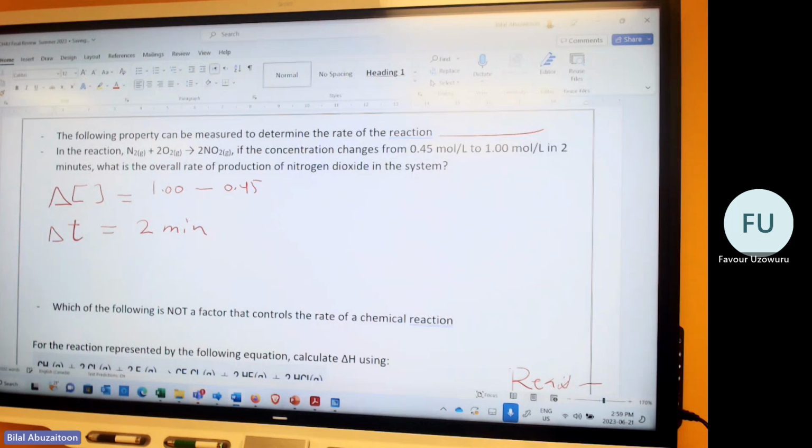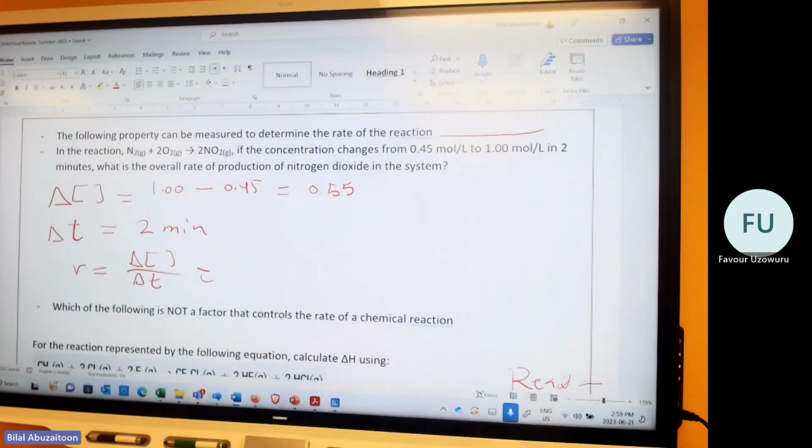So in this case, the rate of the reaction equals what? What's the formula? Exactly, change in concentration over delta T. When we say rate of anything, it is change in something per time.